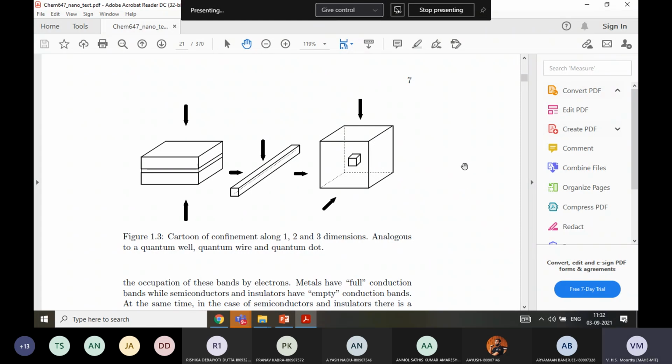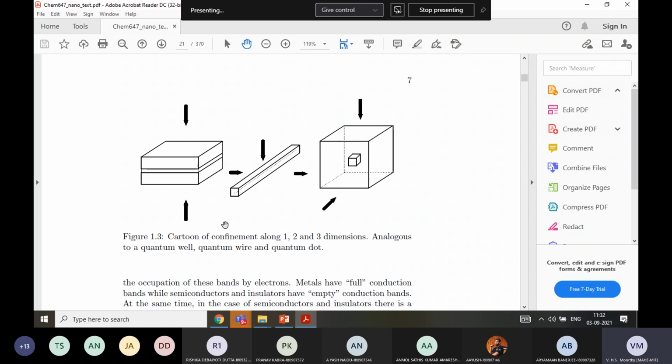One more thing I will tell. When the actual quantum means in all directions, this is actual, that's why I'm calling this quantum dot. I'm not saying quantum wire or quantum two-dimensional structure. Why?